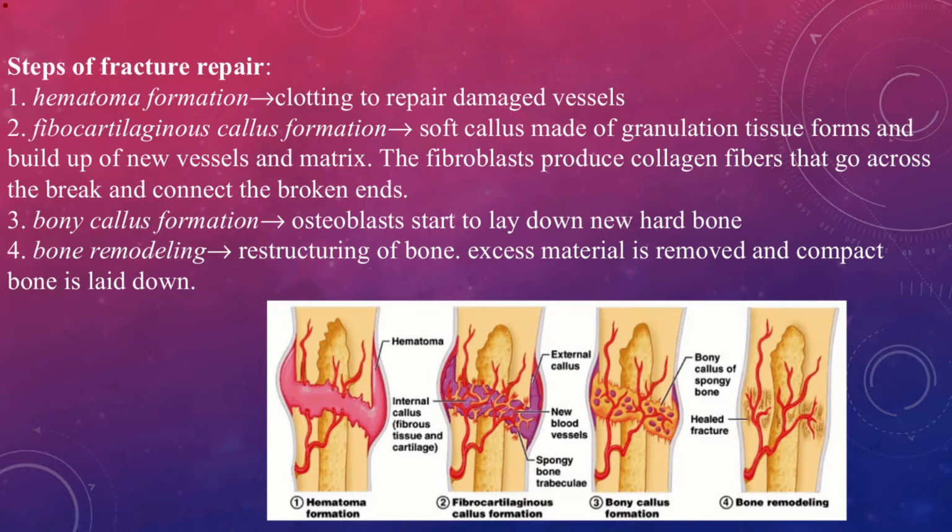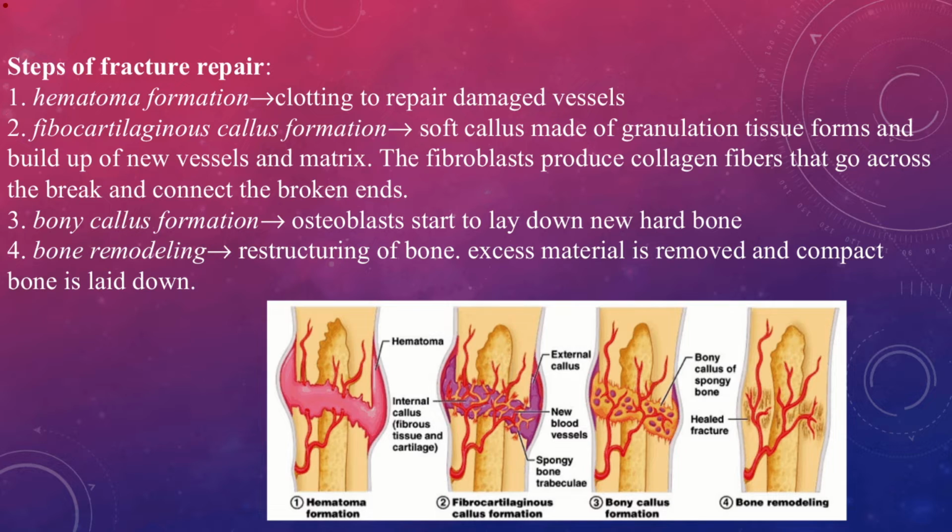And that's going to stop the bleeding out of the damaged vessels. And then we have a fibrocartilaginous callus formation. And so that's where we get some granulation tissue there that is going to start to build some tissue around the area, develop some new vessels, or the vessels will anastomose, which means that they're going to join together.